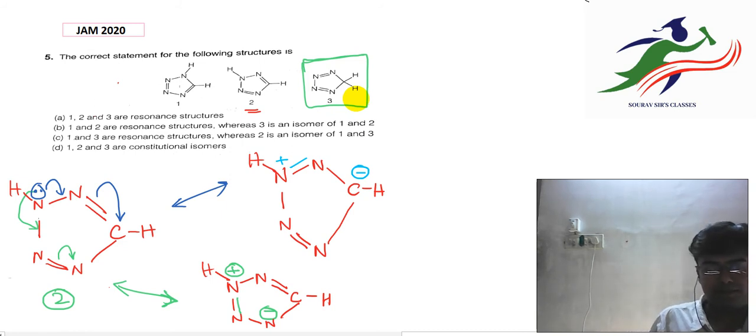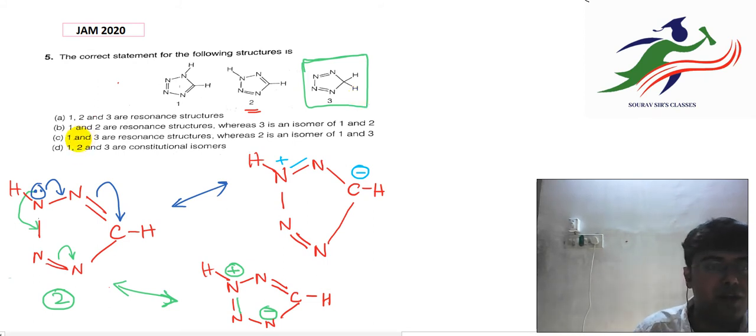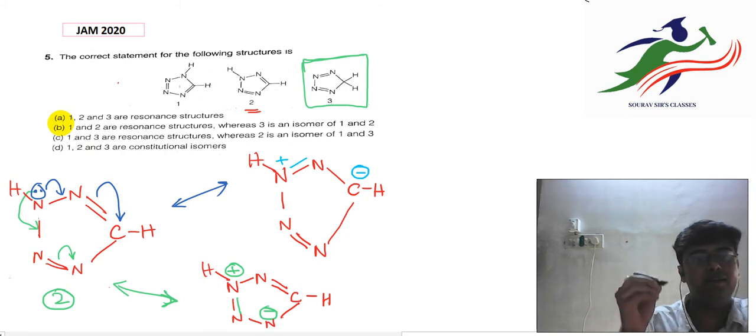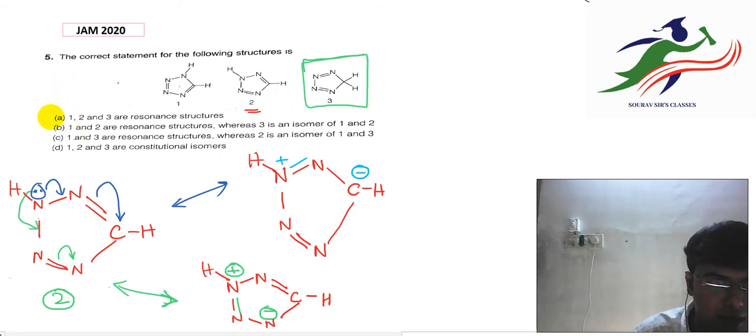Okay, so now let us take each of these options that are given. Take option A. It says 1, 2 and 3 are resonating structures, which is absolutely wrong, so we can eliminate this option at first. Option B says 1 and 2 are resonating structures, whereas 3 is an isomer of 1 and 2. Is that correct?